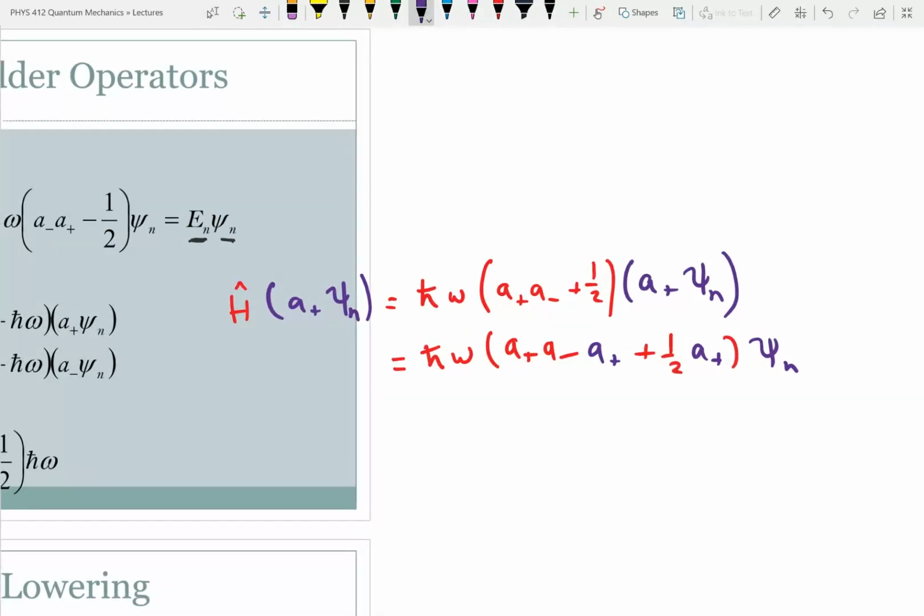Now, constants, the operators can freely move past a constant. And so now I'm going to rewrite this once again.